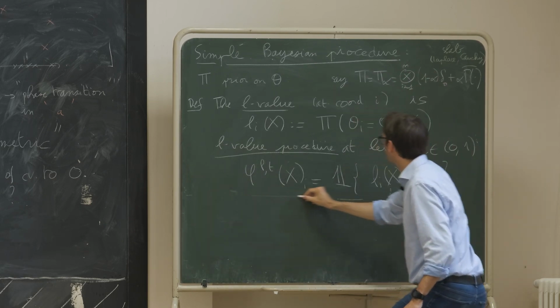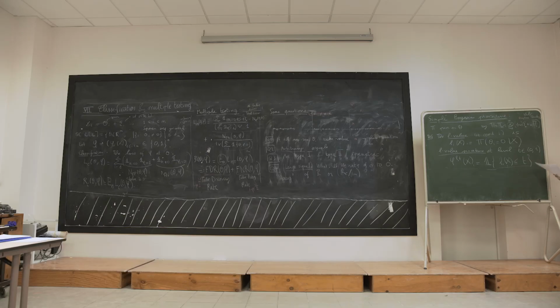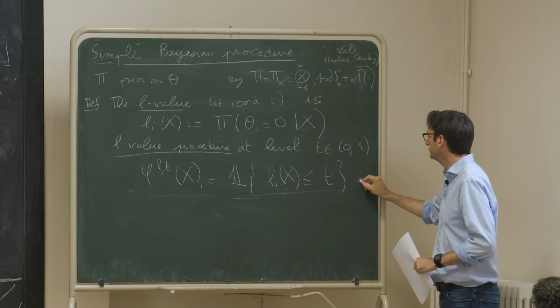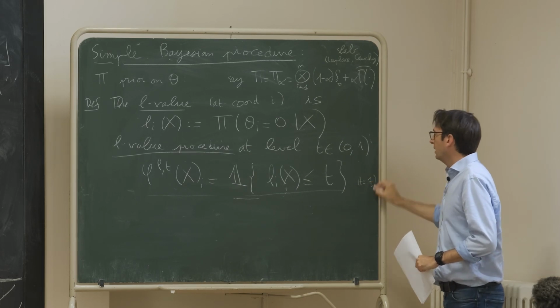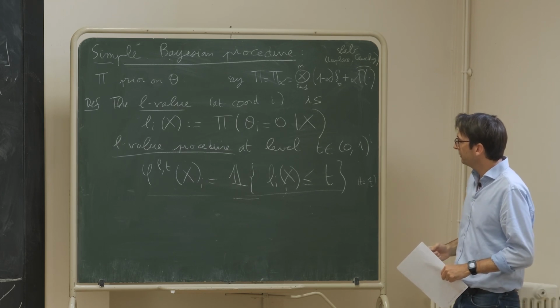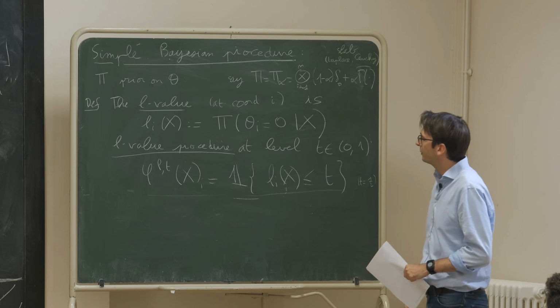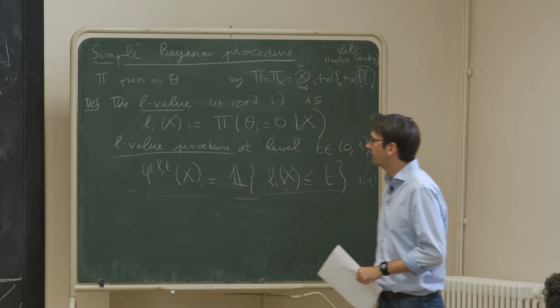I just look at whether this posterior probability is smaller than, say, a half. I can take t equal to a half to fix ideas. That looks quite natural: if it looks more probable that the coordinate is non-zero, I reject the null, and otherwise I accept.